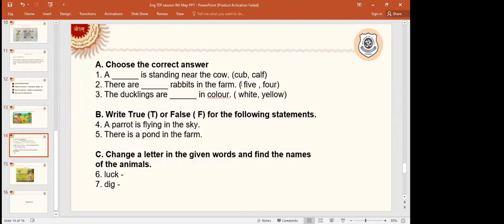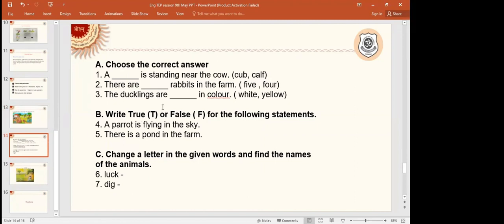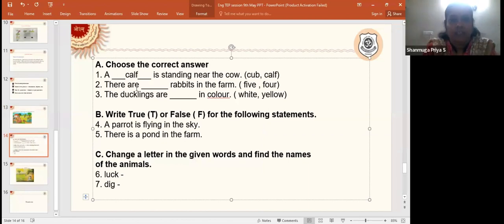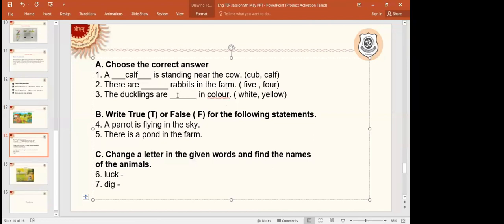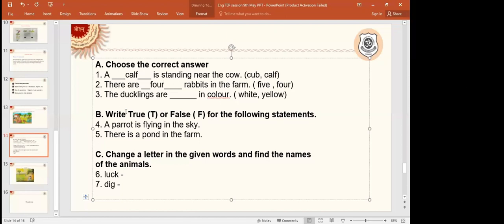So the little one of a cow is called a calf. Calf is the answer. Then there are dash rabbits in the farm. Four. Good observation, teachers. So there are 4 rabbits in the farm.